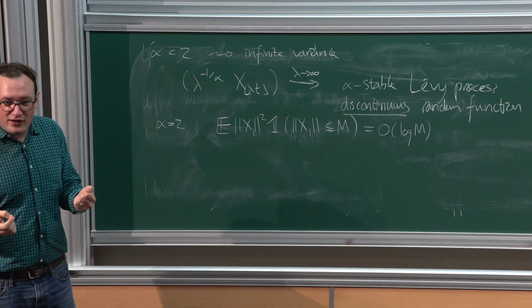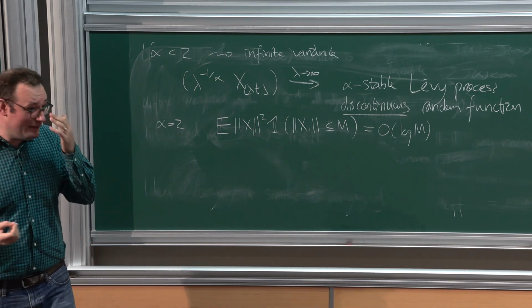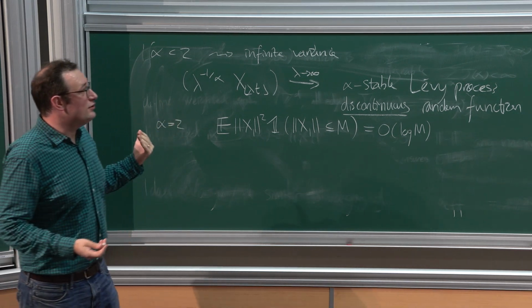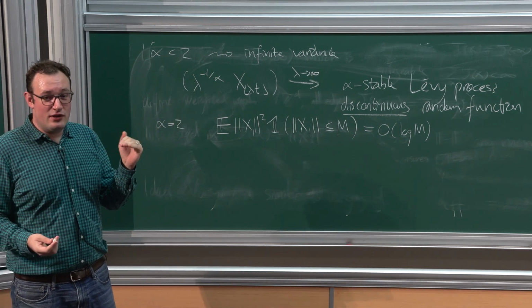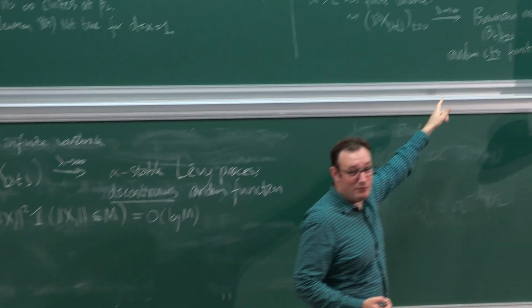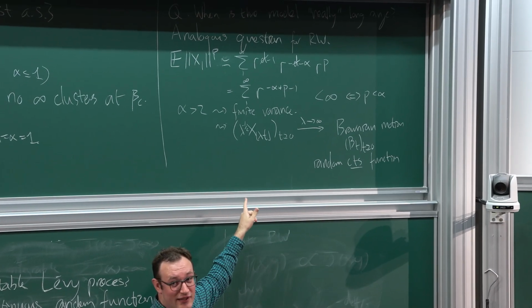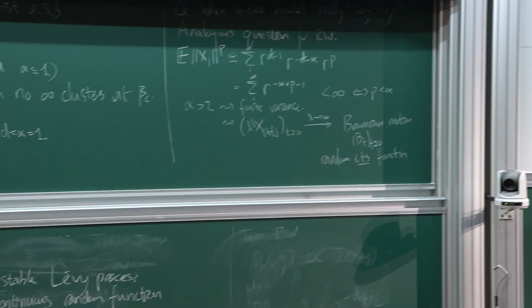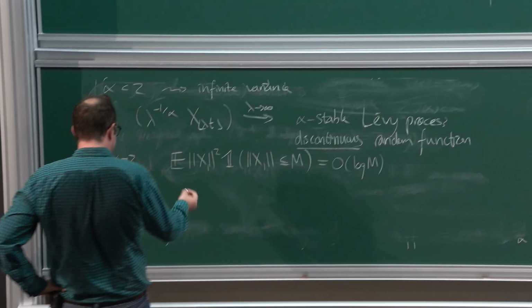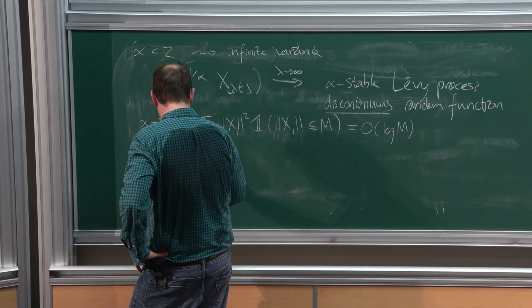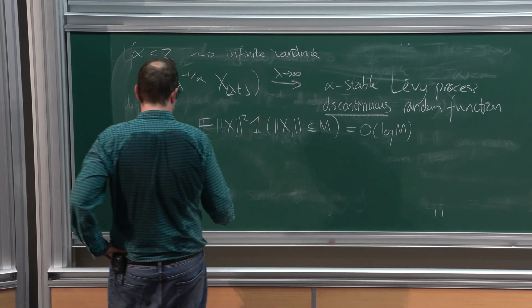So it does have infinite variance, but in this very, very mild way. And what happens is that you actually still get convergence to Brownian motion, but like I said before, if we wanted to always get the standard Brownian motion on the right, I should actually rescale by the variance. You have to do the same thing here, so it still converges to Brownian motion, but you have to put in an additional log factor like this.